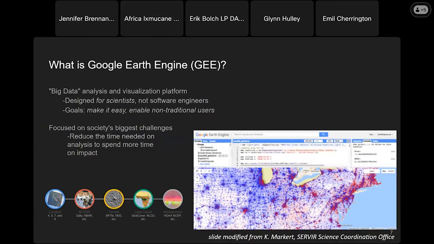The other thing about Google Earth Engine, similar to what we're going to be seeing with Eric and colleagues and the notebooks tomorrow, not in Earth Engine, is that it facilitates work with big data, analyzing and visualizing the data.